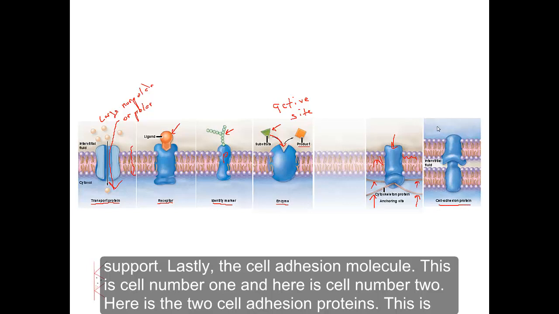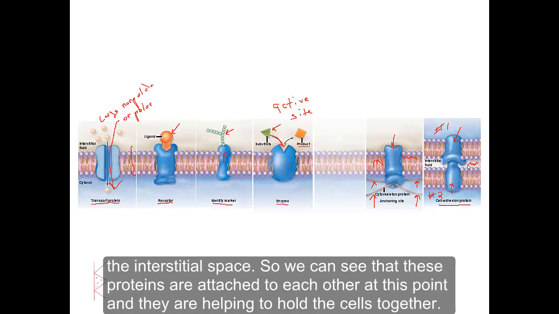This is cell number 1, and here is cell number 2. Here are the two cell adhesion proteins. This is the interstitial space, so we can see that these proteins are attached to each other at this point, and they help to hold the cells together.